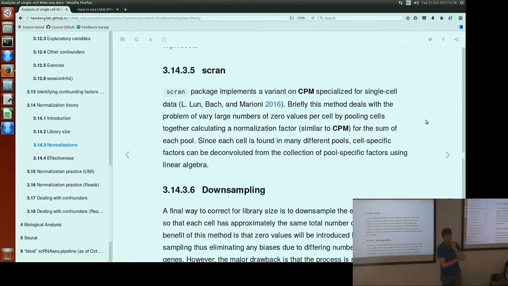So a nice extension to these ideas that came from bulk is another size factor normalization approach implemented in the SCRAN package.